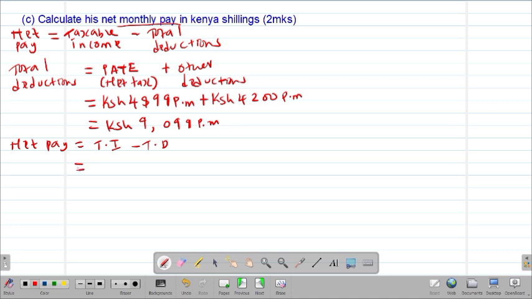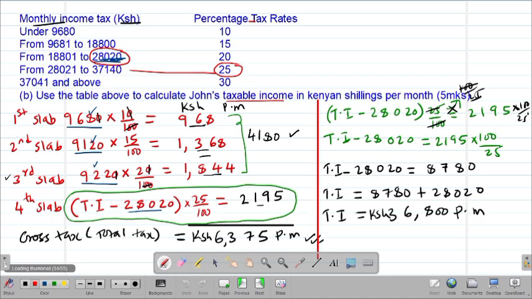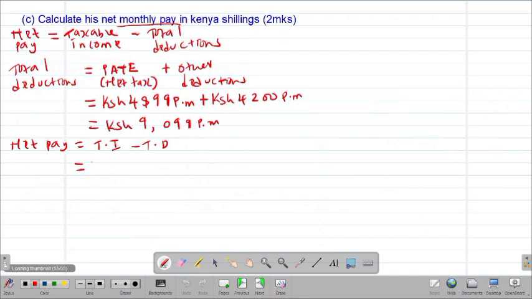Remember, we already have the taxable income as 36,800 shillings per month. So this is Kenya shillings 36,800 per month, then minus total deduction, which we already have as 9,099 shillings per month.